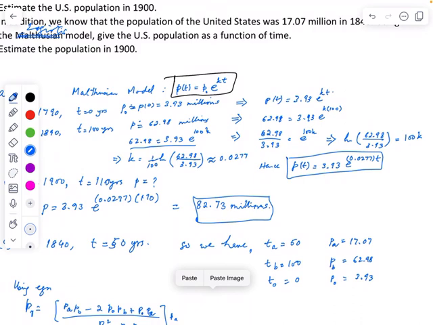Then P naught we know is 3.93, and P_B is 62.98, and P_A is 17.07. Remember, P_A is the population at 50 years, P_B is the population at 100 years, and P naught is the population at 0 years.